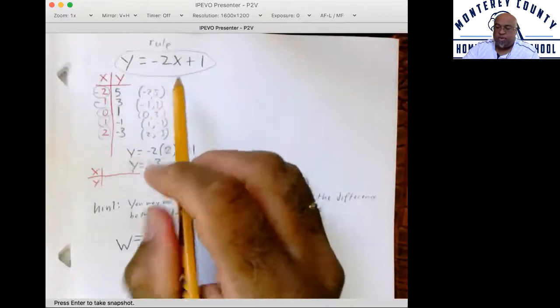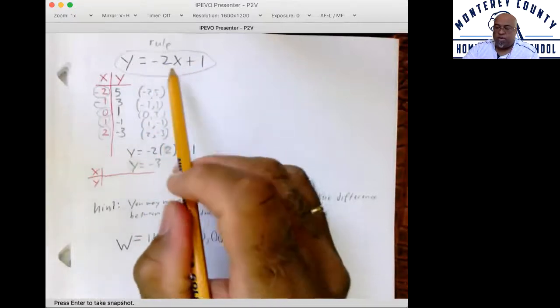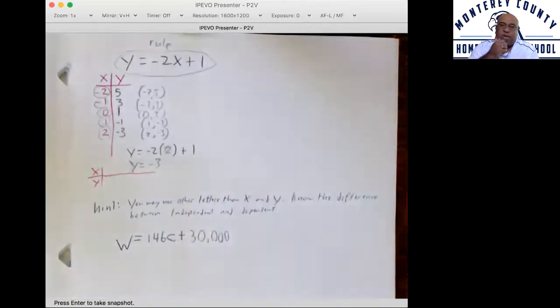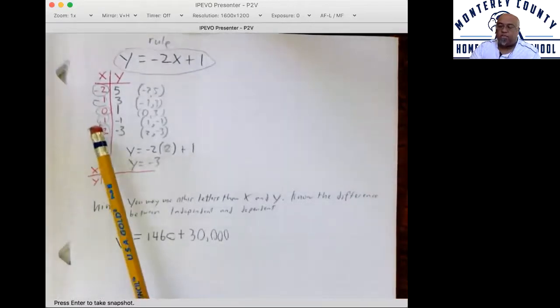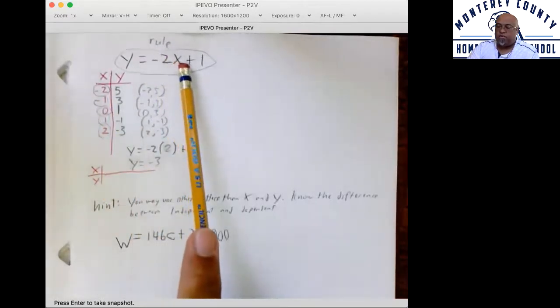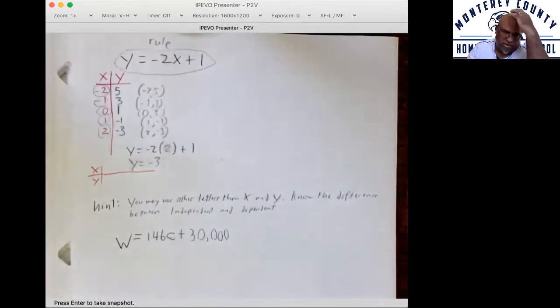You can also write your equation backwards, like negative 2x plus 1 is equal to y, if that helps. I know sometimes math gets a little confusing because the tables are always from left to right, but the equations are from right to left. If you're aware of those things, then they usually won't be confusing.